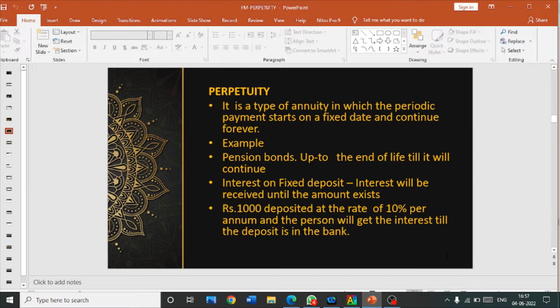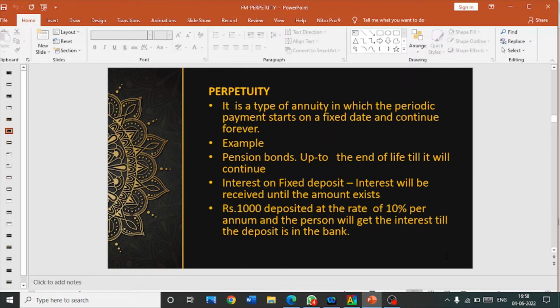How does the perpetuity continue forever? For example, pension bonds. Either you are depositing some amount and getting the interest for that, so till the amount is in the bank, you will be getting the interest. Or you paid for an LIC policy, and till you are alive, you will be getting the amount.